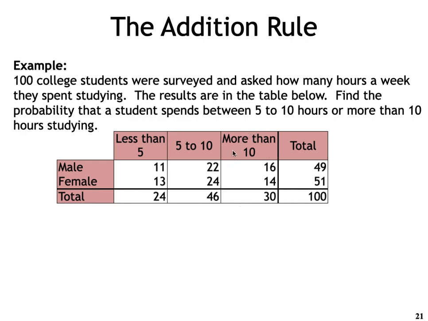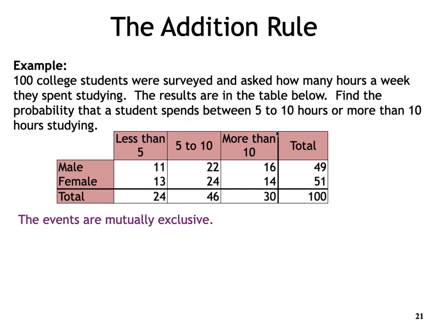Or more than 10 hours studying. Now, may I ask you, if a student is spending between 5 to 10 hours studying, can that student be spending more than 10 hours studying at the same time? In that case, they are mutually exclusive events.